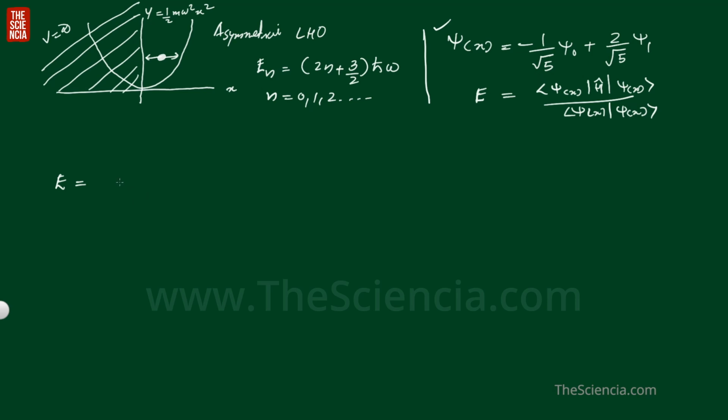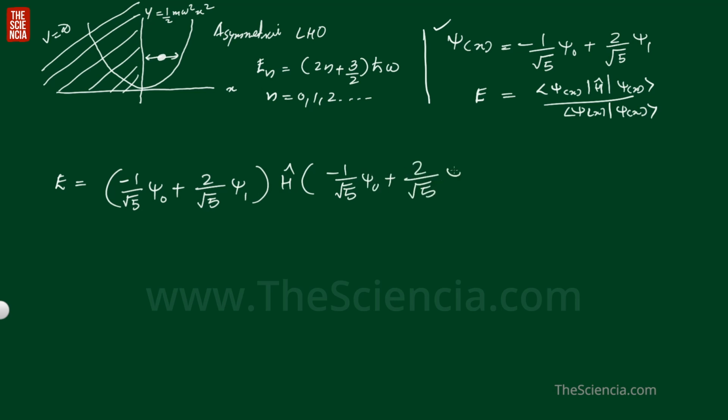That is, we get minus 1 by root 5 psi 0 plus 2 by root 5 psi 1 into the Hamiltonian operator into minus 1 by root 5 psi 0 plus 2 by root 5 psi 1. So when this Hamiltonian operates on this wave function, it will give the energy associated with this wave function.